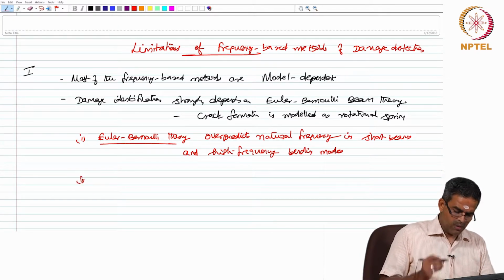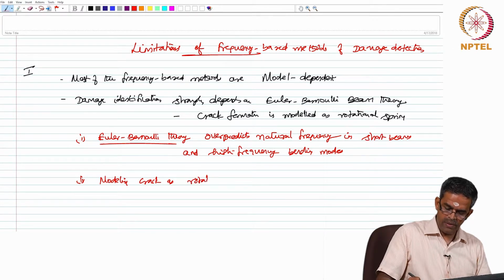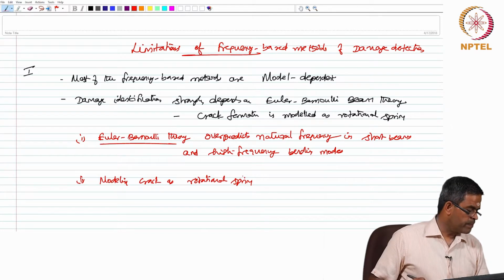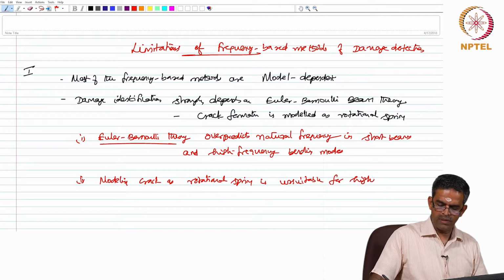The second one, modeling crack as rotational spring is unsuitable for higher modes of vibration.